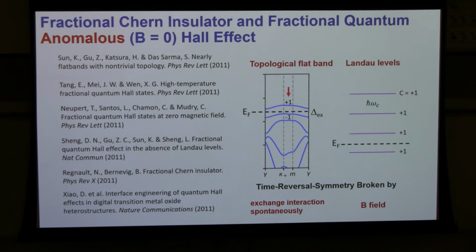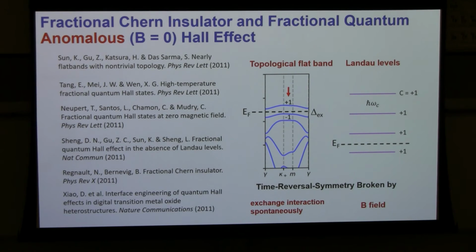Second thing is Landau levels have Chern number in them. Okay, so let's again figure out a way to make the Berry curvature in such a way that this flat band has a Chern number in it. Okay, that's the second thing. And third thing is Landau levels are well separated by the cyclotron energy, so we can consider what happens within each Landau level when we partially fill it without worrying about how it talks to the other bands.